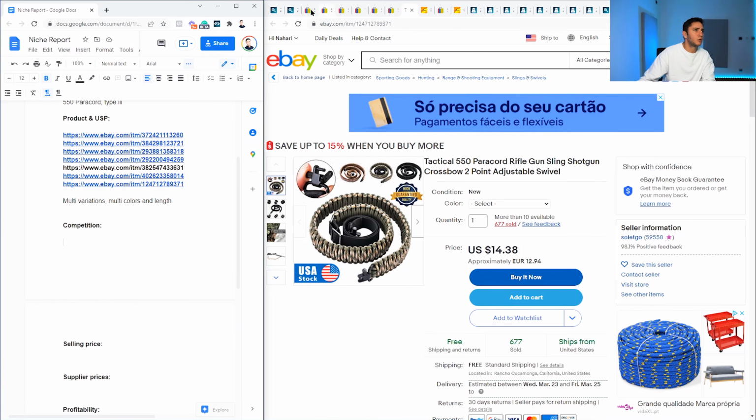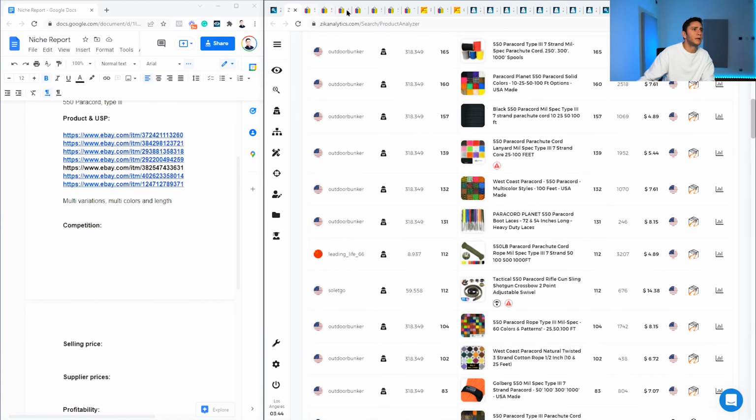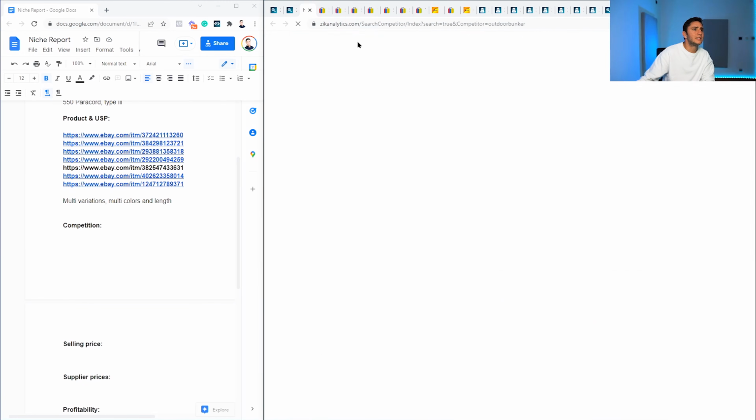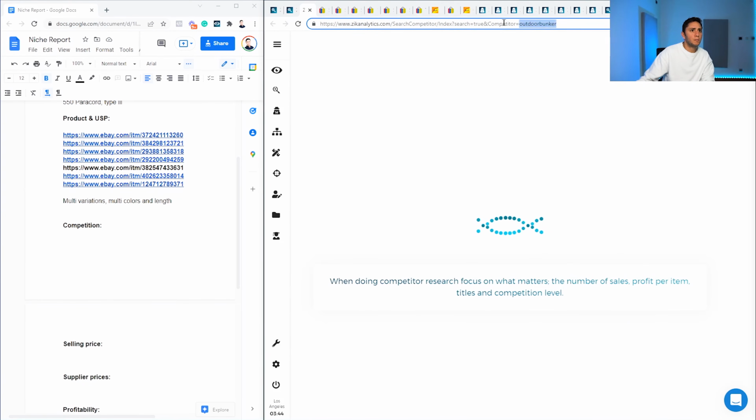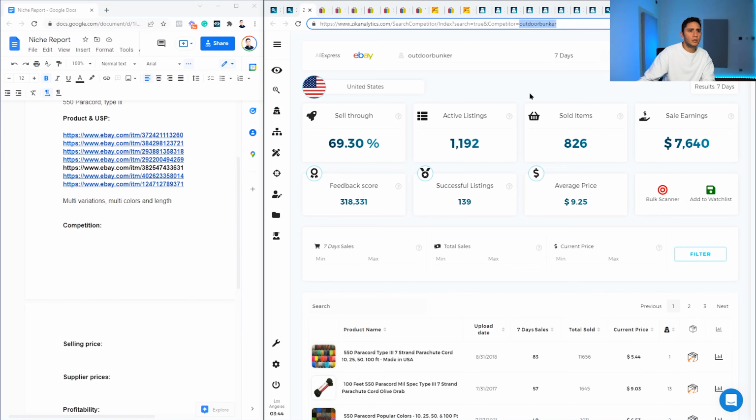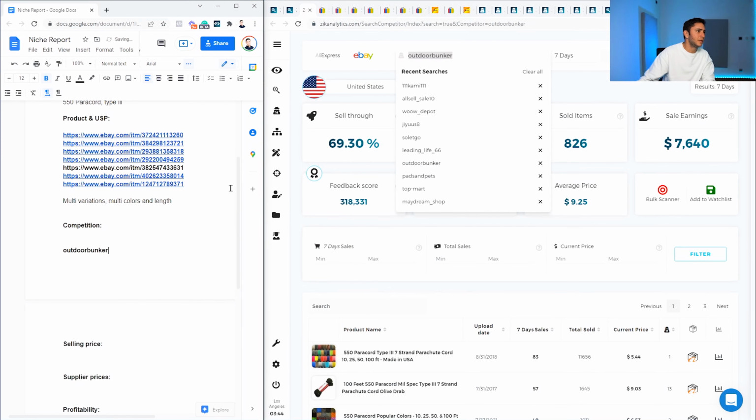Now, competition. Competition, I would only put one competitor here because the others, I don't consider them competitors. Only this outdoor bunkers is a competitor. This is the only competitor, guys. So I will only put his name here and I will write information about him. What's the information about him?